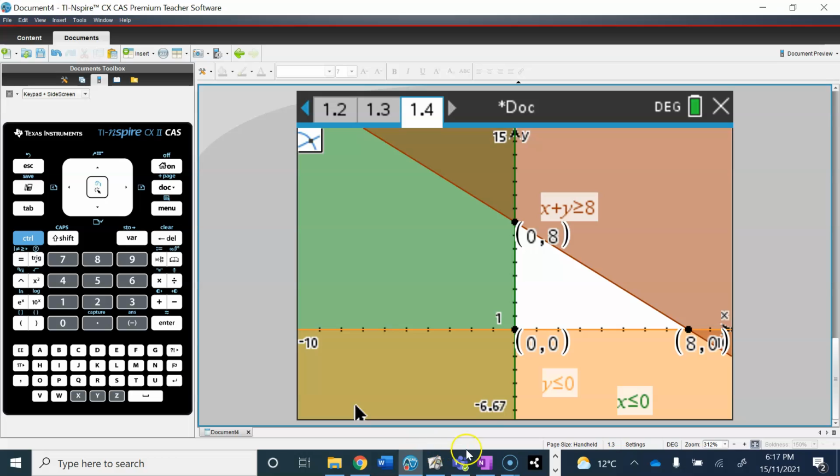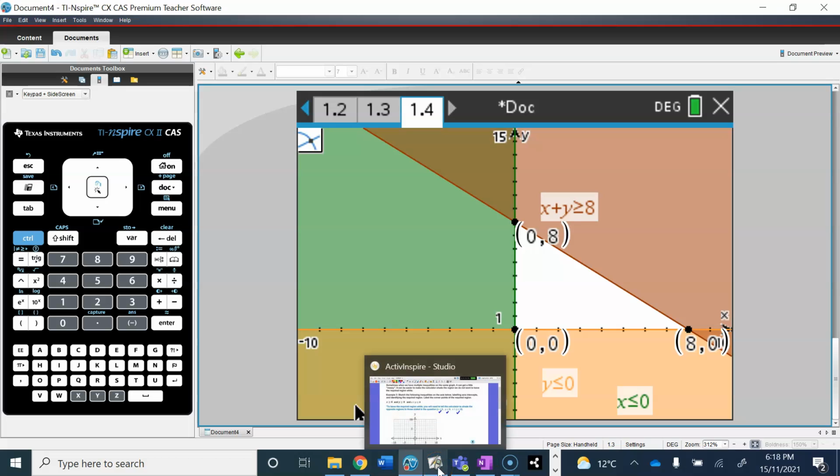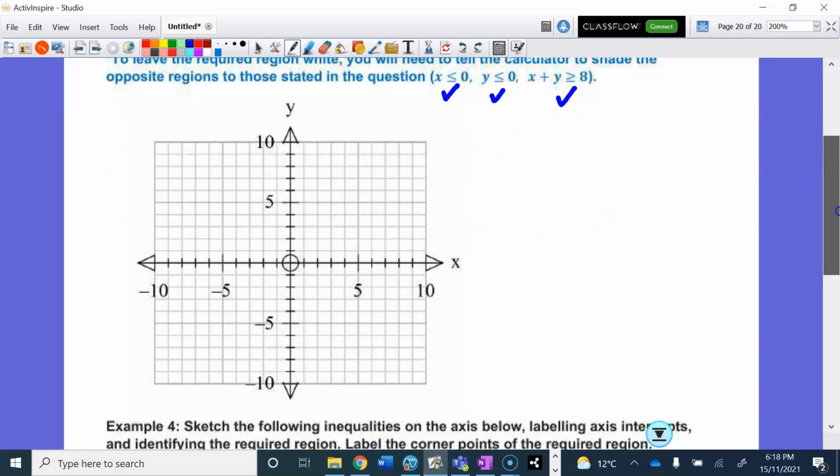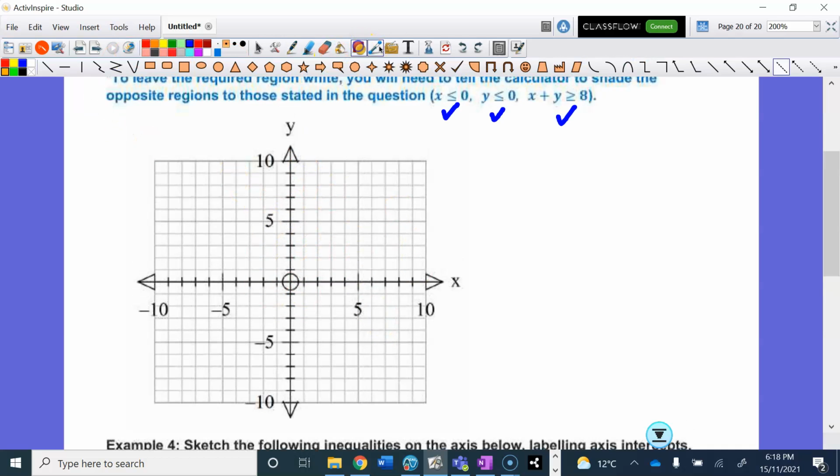Okay, so it's very, very easy then to put that onto your calculator, sort of backwards, and then on your graph, let me get some straight line work here. So what I've got is 5, 6, 7, 8, and 5, 6, 7, 8. And then this section here is a part of the required region, and then this bottom section here is the other bit of the required region.